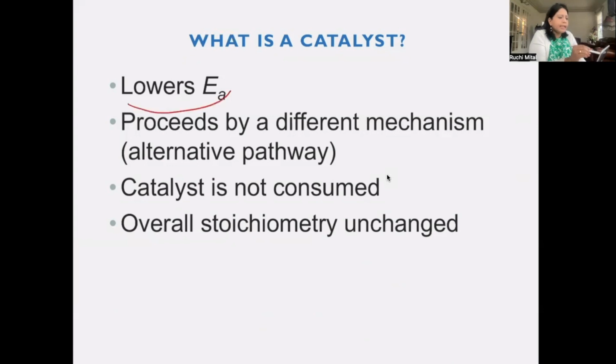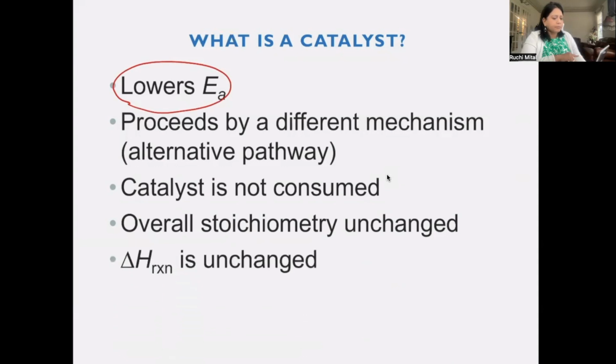What it does is it lowers the activation energy. That is the most important part. And also the enthalpy of the reaction does not change, right? The delta H, the difference between the energy of the product and the reactant, remains the same. So this is important conceptually, what a catalyst does.